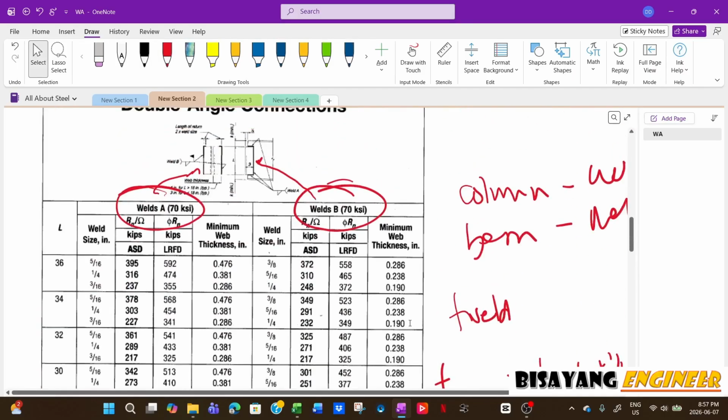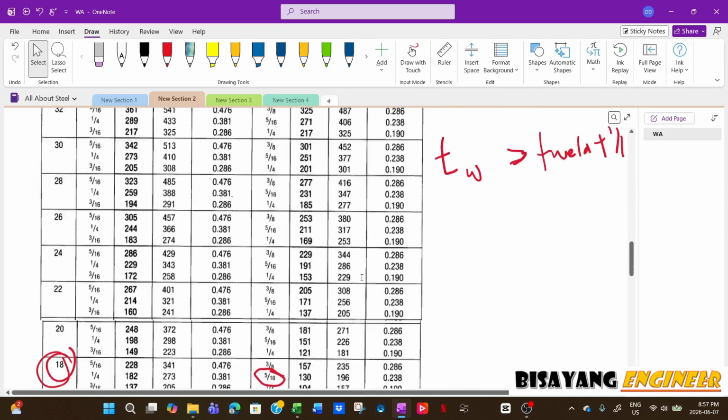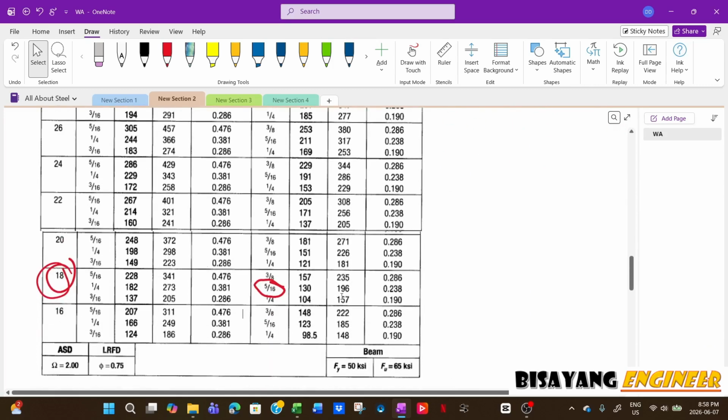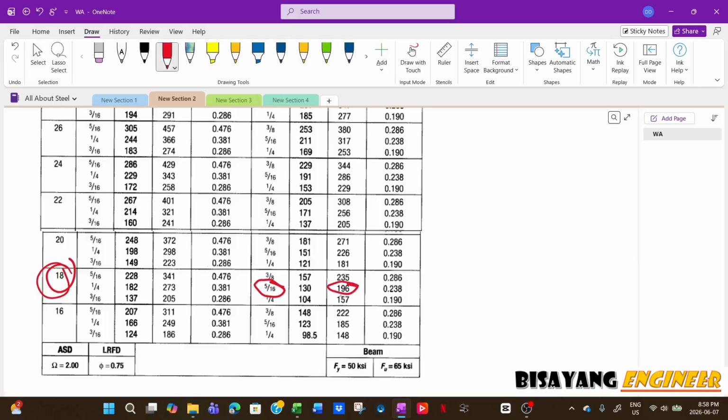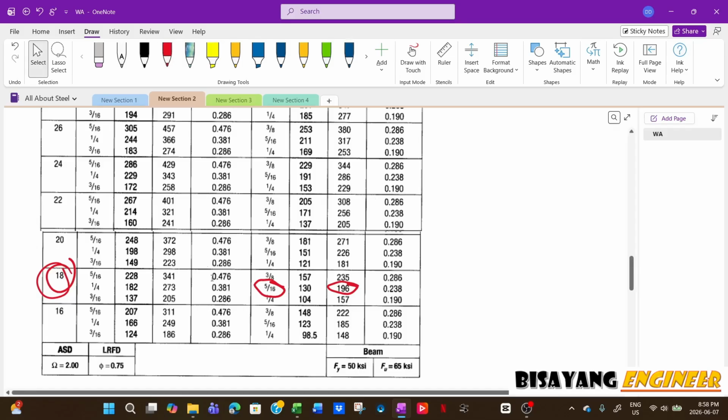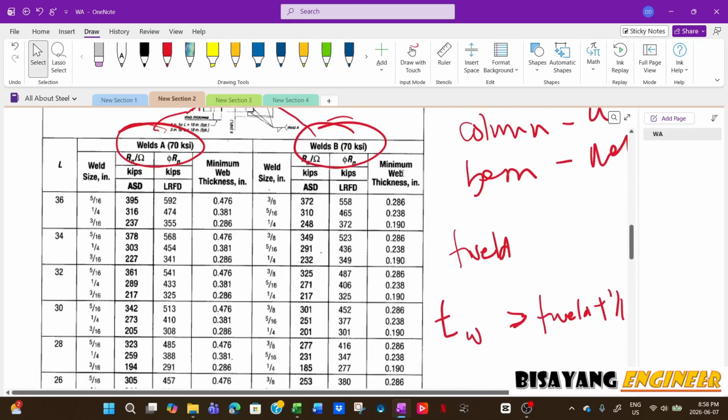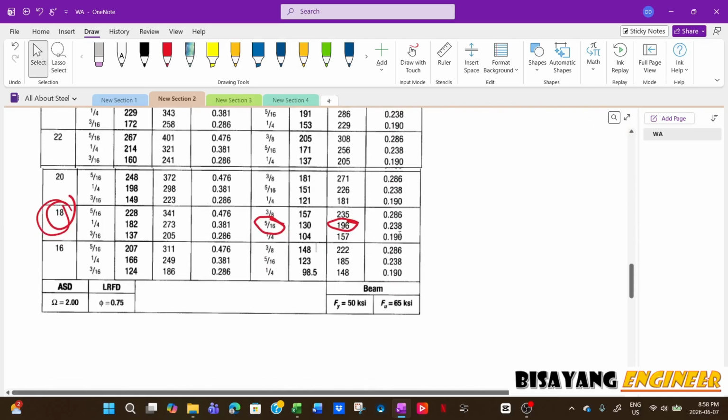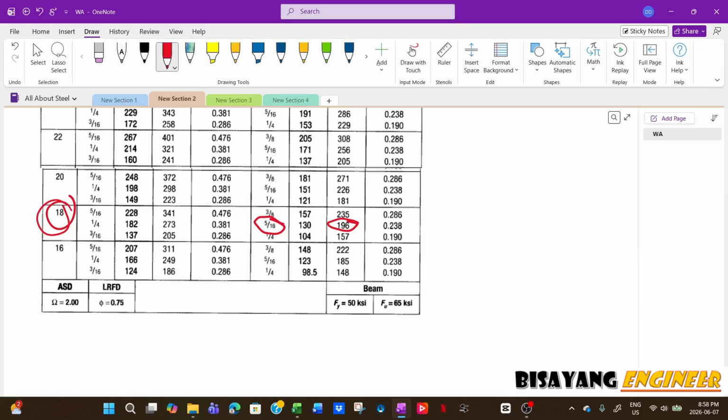So 5/16, this is your weld size, this one. With that, you already have the capacity of 196. This one, 196, right? And then you will have the minimum web thickness, which is 0.238, to get the capacity of 196.